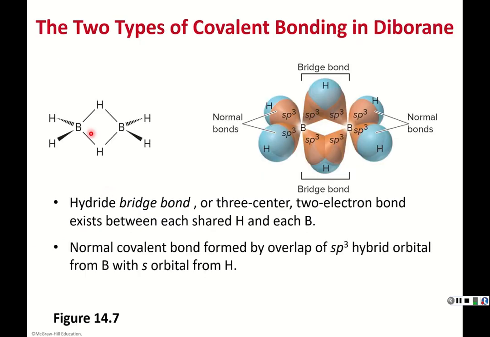Right, so this is a molecule called diborane. You have 2 boron atoms and 6 hydrogens, and it's bonded together in this network. Right, these are normal bonds on the side, these hydrogens on the side. They're just one bond, 2 electrons shared between 1 hydrogen and 1 boron.